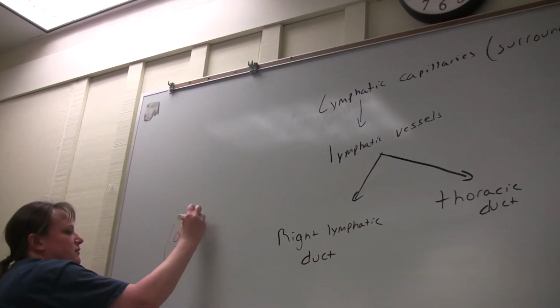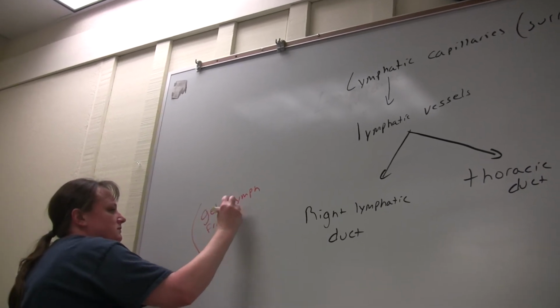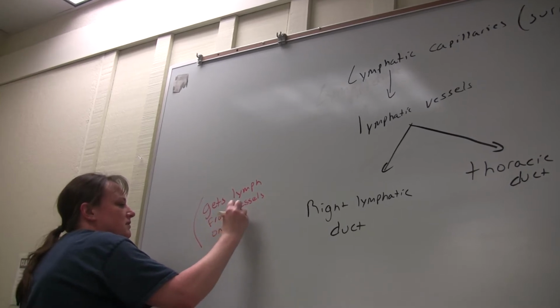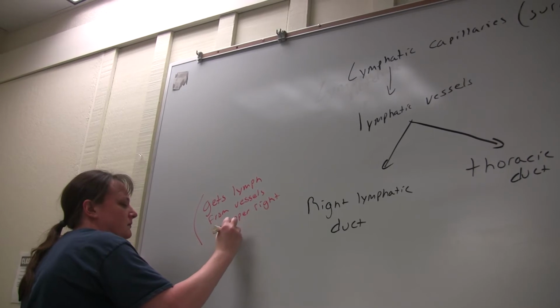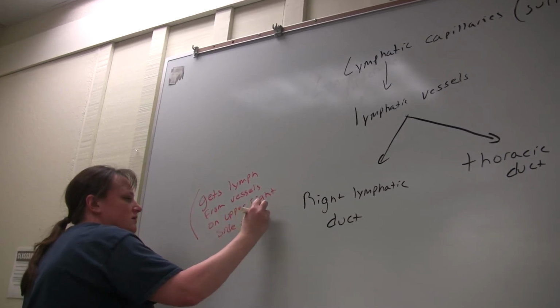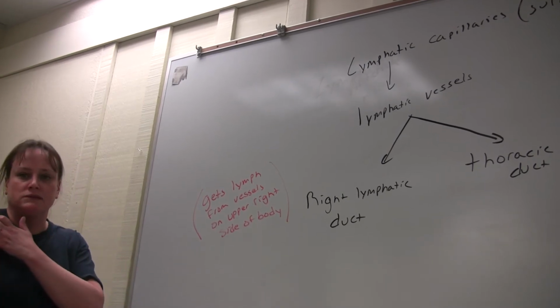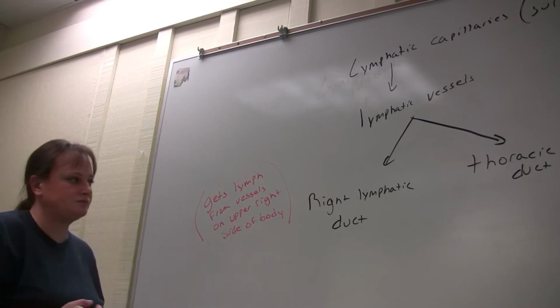It gets that fluid, that lymph, from lymphatic vessels on the upper right side of the body. That's the shortest way I can word that. It's everything above the diaphragm on the right side. So the right side of your head, neck, chest, and your right arm.